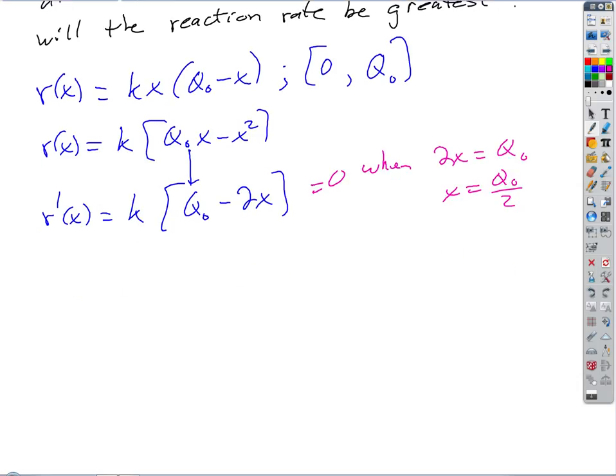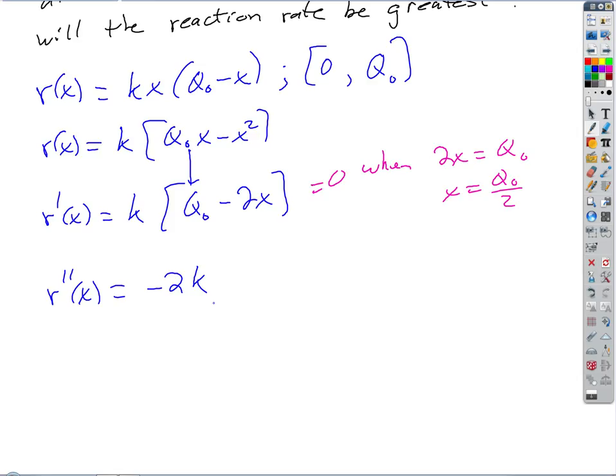We could show it really easily though. If we take a second derivative, don't we just get negative 2k? K is a positive constant, so we know it's negative everywhere. These kinds of problems won't always be in the exact middle.